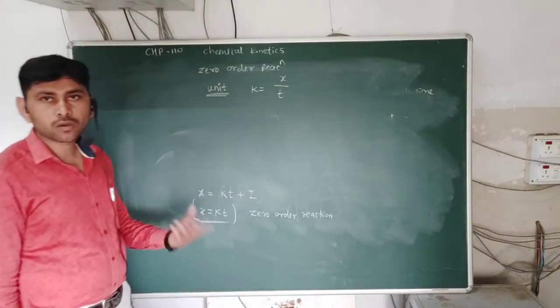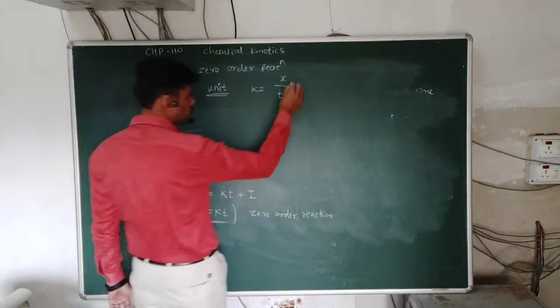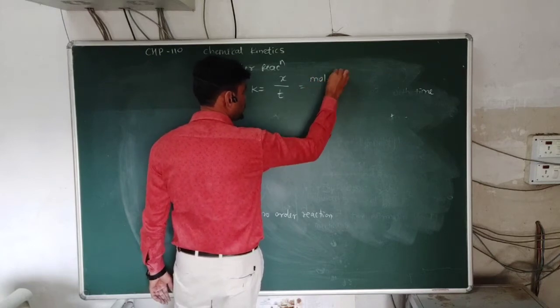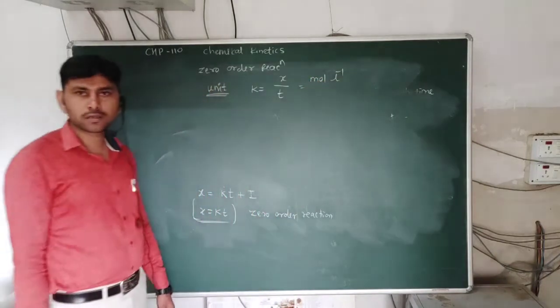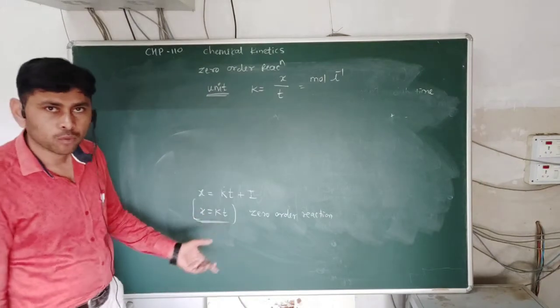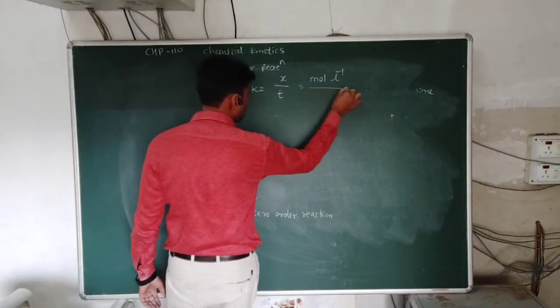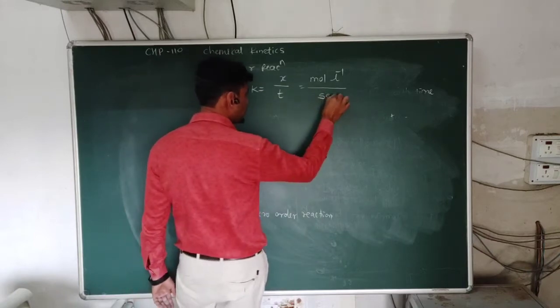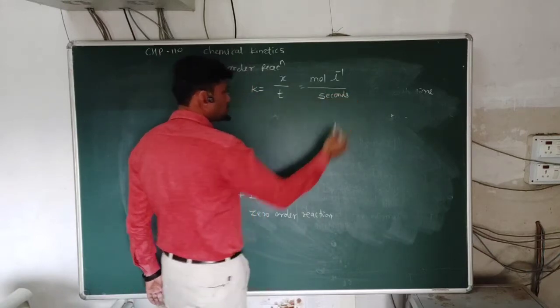X is the concentration of product. Concentration is expressed in moles per liter, and time in seconds.